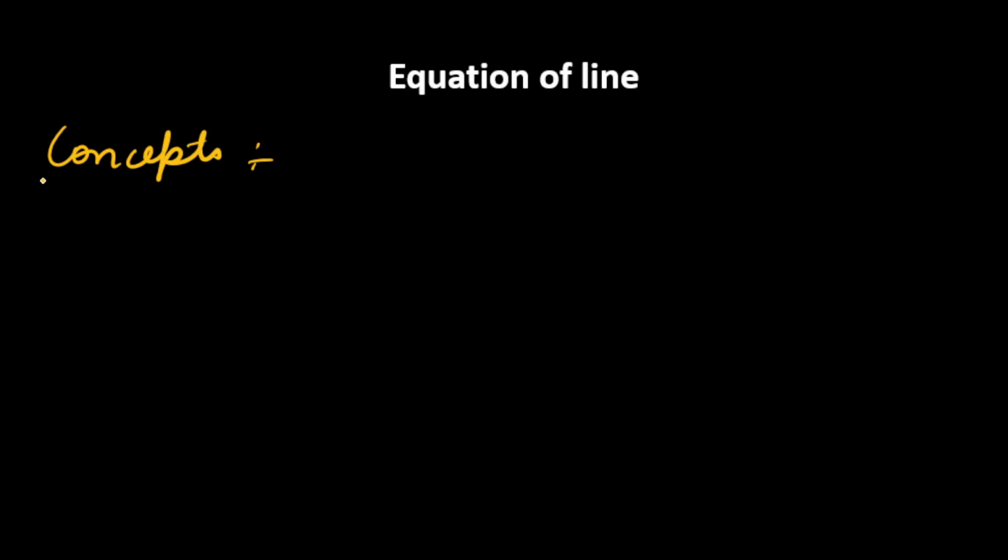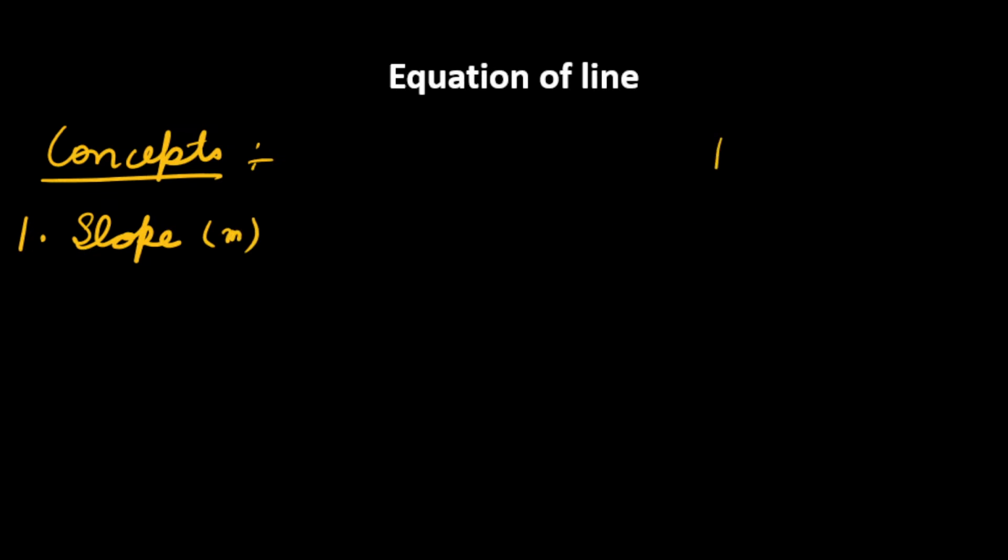So the first concept is the concept of slope. When we were doing section and midpoint formula, we also did a few questions based on slope. First of all, slope we write with small m.